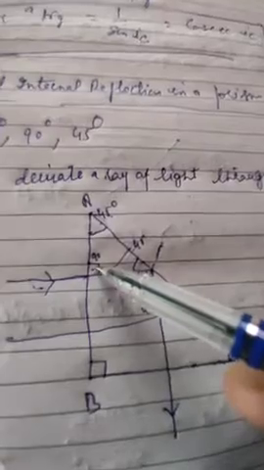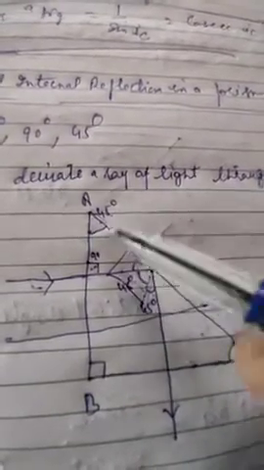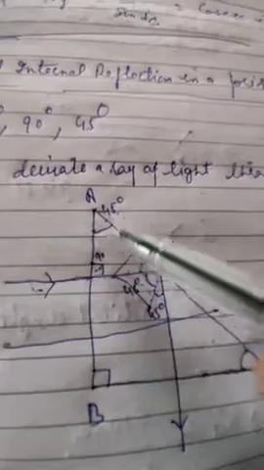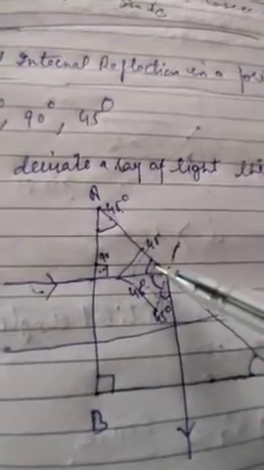Just see, this angle is 45, this angle is 90, so the sum of angles of the triangle being 180 degree, this is automatically 45.